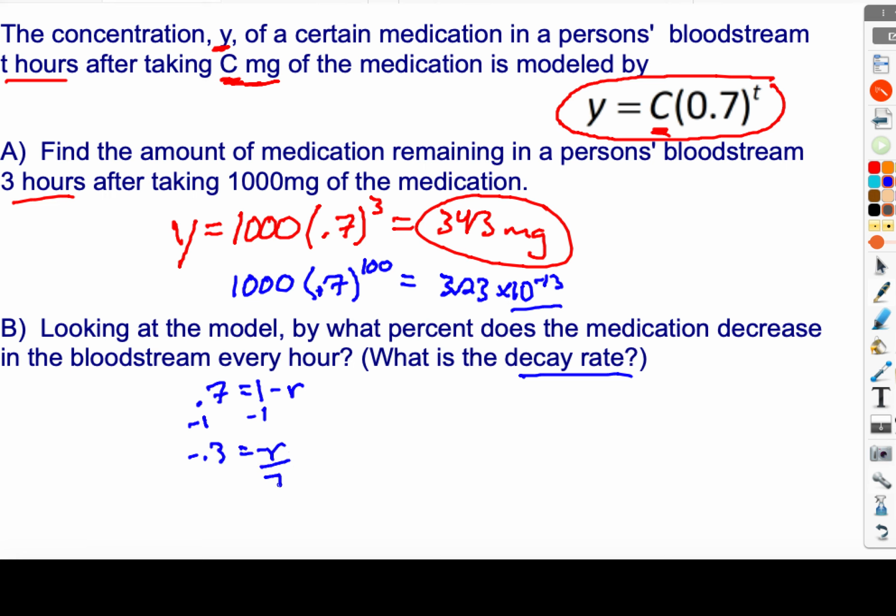And then if I divide by negative 1, what I'll quickly find out is that 70% of it, 0.7, was sticking around, but 0.3 was our r value. 30% of it was disappearing. 70% stays, 30% goes. If you have any questions about applying exponential decay, make sure you talk to your teacher. Otherwise, have a great day.